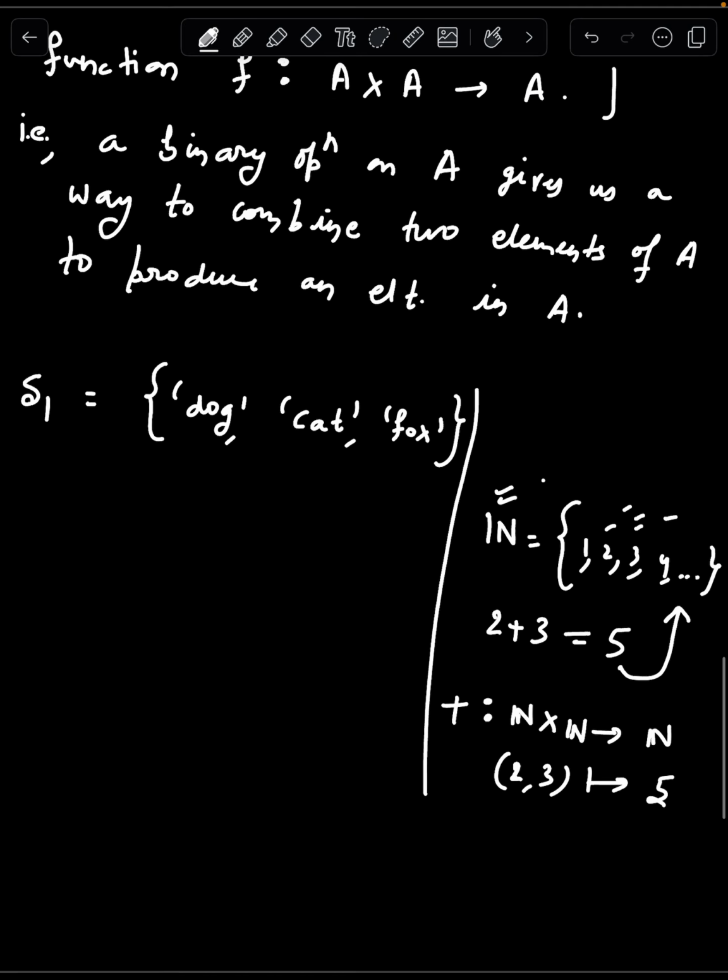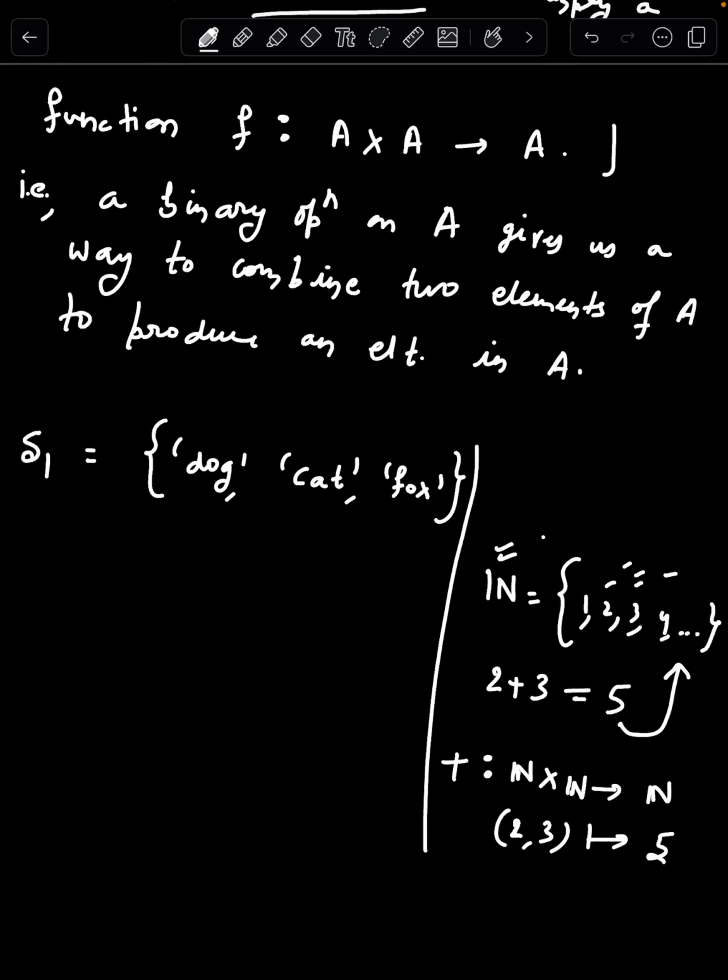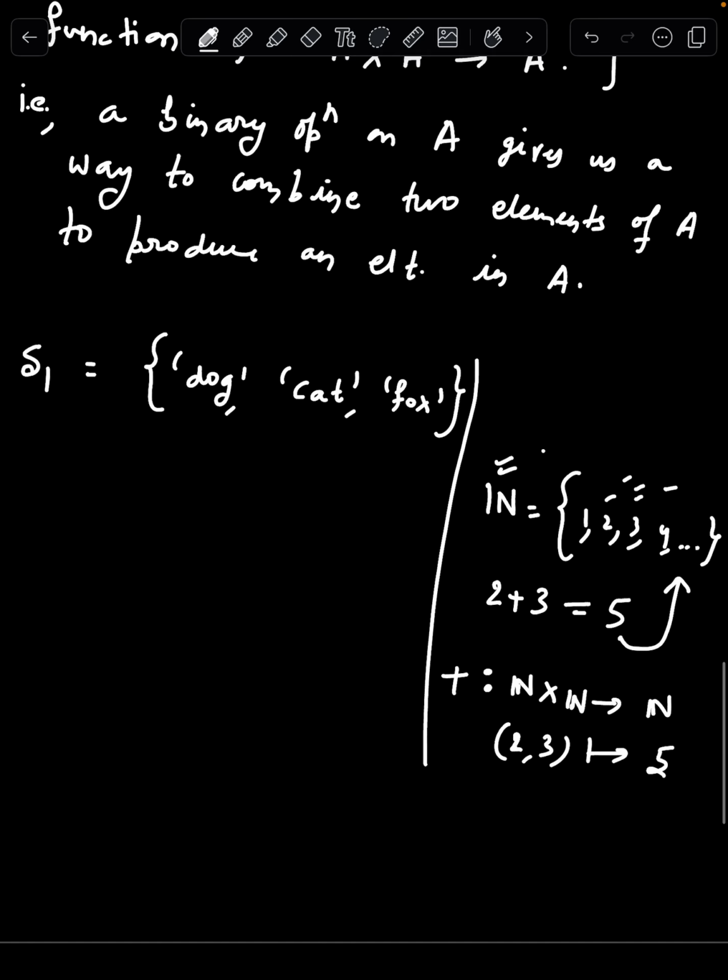So that is what a binary operation is doing. It is allowing us to combine two elements to produce another element inside the same set. Like here, if we talk about addition, addition can combine two elements of N to produce a third element which still lies inside N.